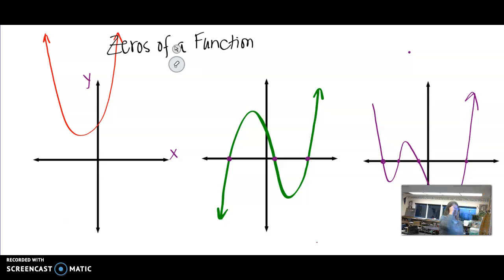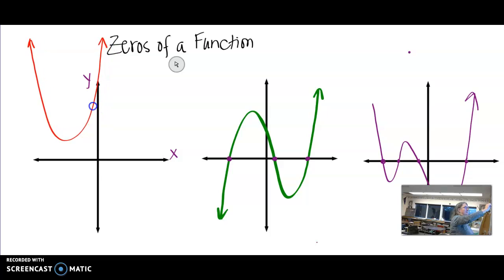You have no x-intercepts, but you would still actually have zeros, and those zeros would not be real zeros, they're going to be complex. If it doesn't intersect the x-axis, and let's say this is a polynomial of degree 2, it's going to have exactly 2 zeros, but sometimes they might be real zeros, sometimes they might be imaginary. And if they're imaginary, it deals with the square root of -1. And that's when it doesn't ever cross the x-axis.